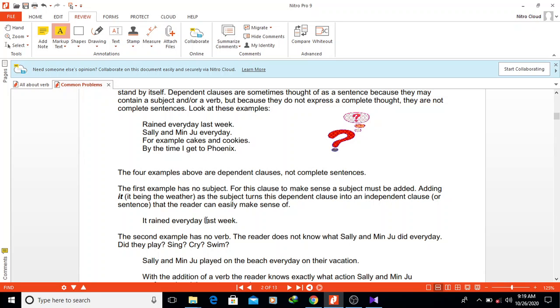Jadi dia menganggap bahwa kata in my village is a subject because there is a phrase there, my village. Okay, but you have to remember prepositional phrase. You have learned about prepositional phrase, right? So prepositional phrase is a phrase started with a preposition. So in the sentence that I mentioned before, in my village, it's a prepositional phrase because there is a preposition in my village. This phrase cannot be a subject.